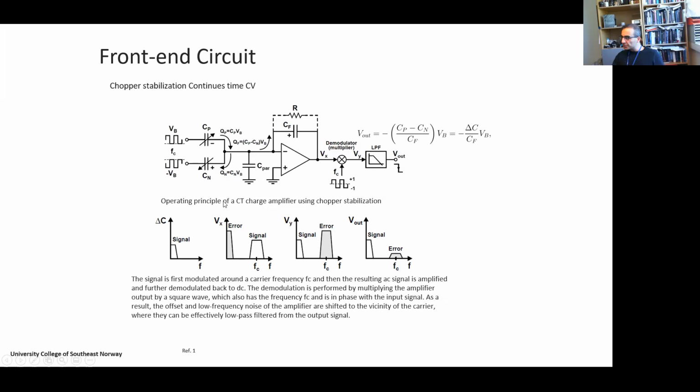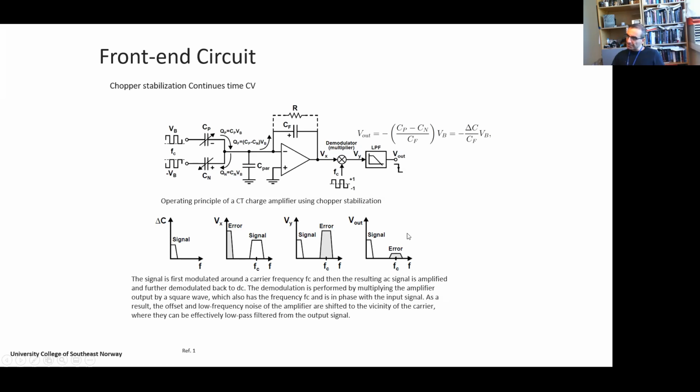But the noise, or the errors, which were in the low frequency region, is being modulated into the high frequency region by FC, and FC is the frequency of this demodulator here. And normally these are the same, so the input clock frequency and the demodulator frequency have the same value. And then at the end, by using a low pass filter, we can remove the noise at the higher level.